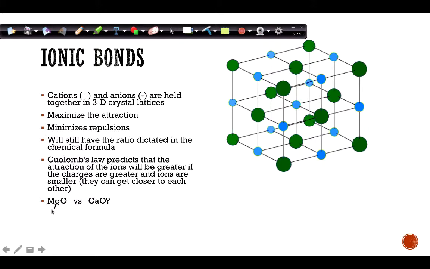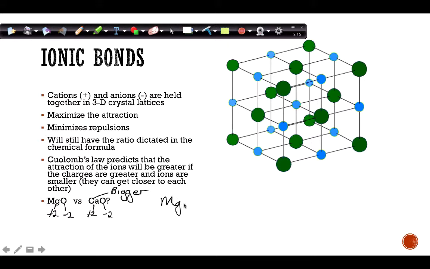Well, this is +2, this is -2, this is +2, this is -2. So the charges are the same, and what we really need to do is look at the size. Oxygen's in both of them, so we can look at the size of magnesium and calcium. Calcium is lower on the periodic table, which means that this is bigger. So since this is bigger, these ions can't get as close to each other as these.